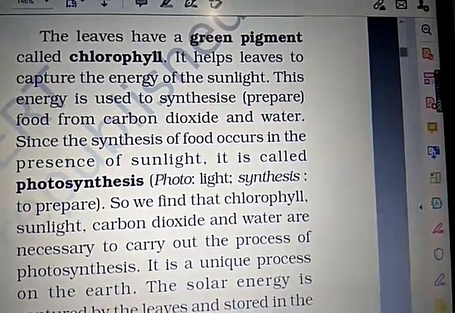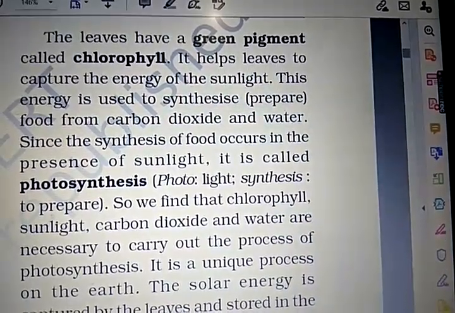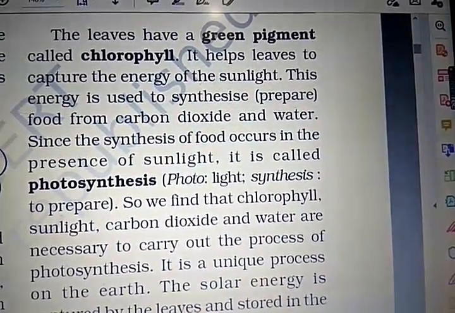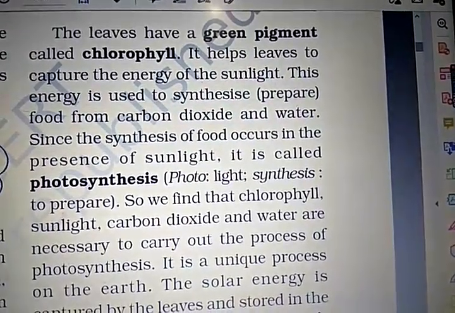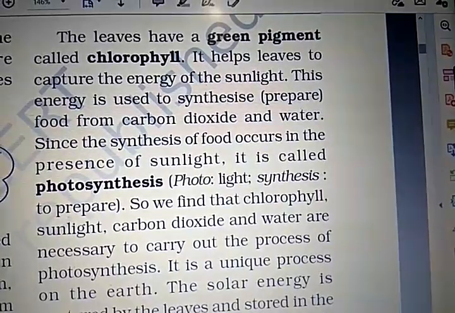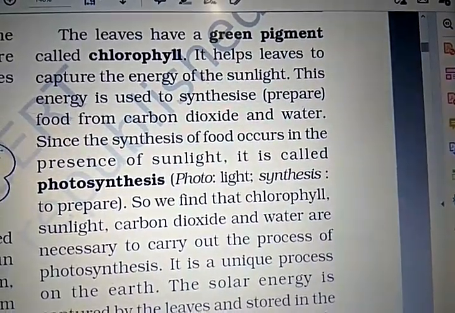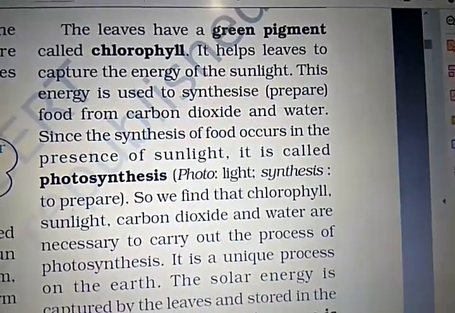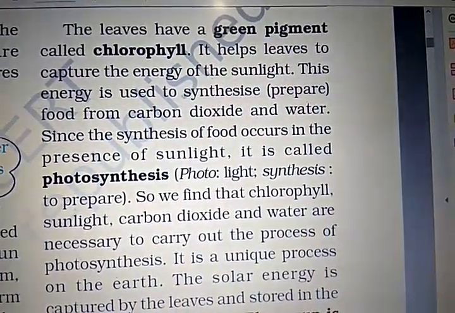The leaves have a green pigment known as chlorophyll. In our body, the red pigment is hemoglobin, right? Similarly, plants are green due to the green pigment known as chlorophyll. It helps leaves to capture the energy of sunlight.